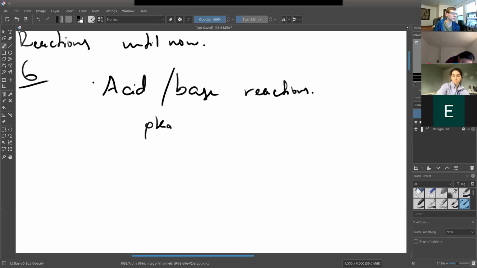There's also Lewis acids and Lewis bases, which are different, right? Remember, they don't just play with hydrogens, they do other stuff too. Not as super important, but there will be times when they do come up.